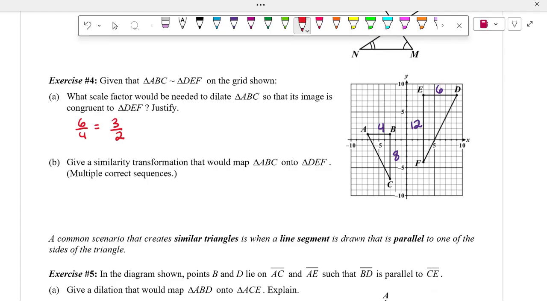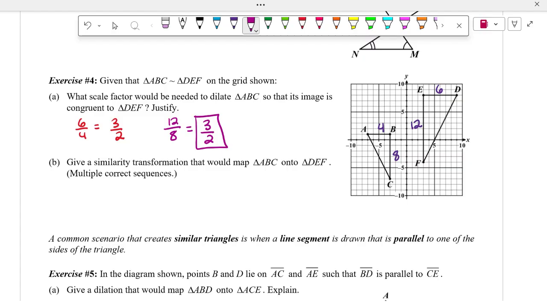Now, that looks like it's going to be my scale factor, but just to check, I'm going to do the other set of corresponding sides and see if I get the same thing. All right, it never hurts to check. So I'm going to do 12 divided by 8. Is it not true that when I simplify that, I'll get 3/2? Yes. So 3/2 is my scale factor.